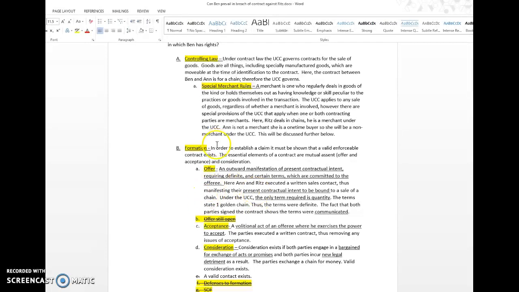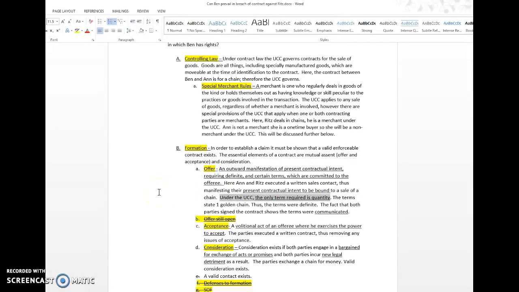Everybody can go ahead and do offer: an outward manifestation of present contractual intent requiring definite and certain terms which are communicated to the offeree. But unless you understand the difference in the offer you're discussing in this fact pattern, and whether that offer is a UCC offer or a common law offer, and the difference required in common law, then you'll have that statement, but what you'll miss is this part.